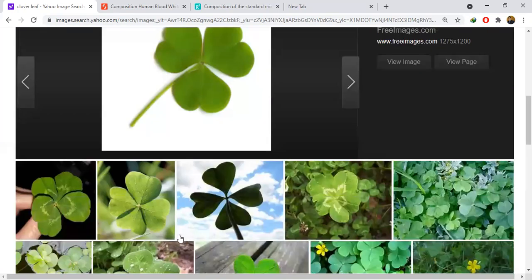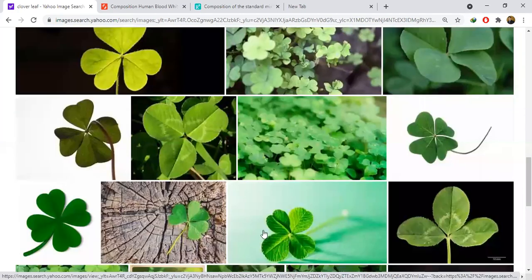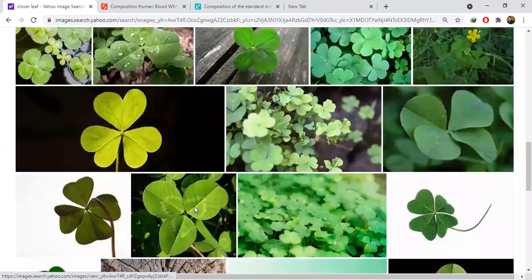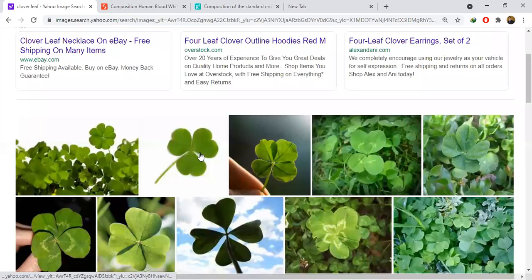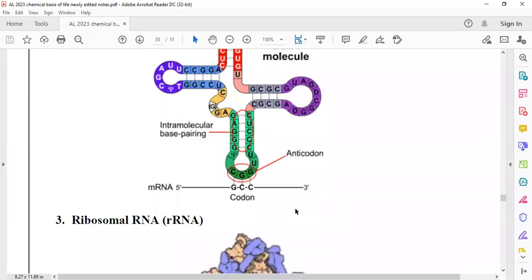But actually some clover leaves have four. That is a problem. Nowadays that description is not there. But you can see certain clover leaves have the same appearance as the tRNA. So sometimes in the past papers, when you are going through, you will get that idea: it gets the shape of a clover leaf, but not necessarily that one.